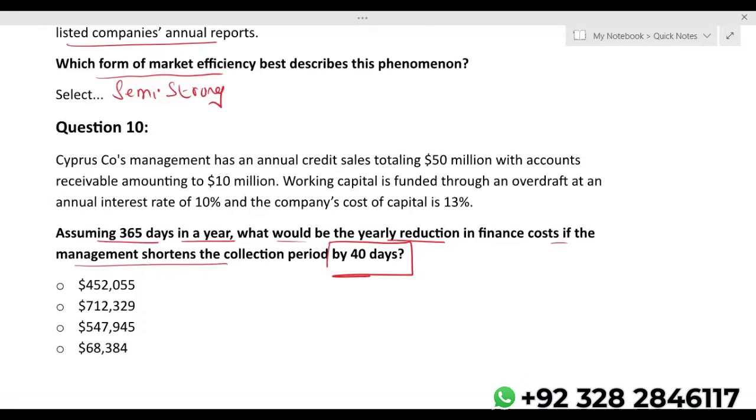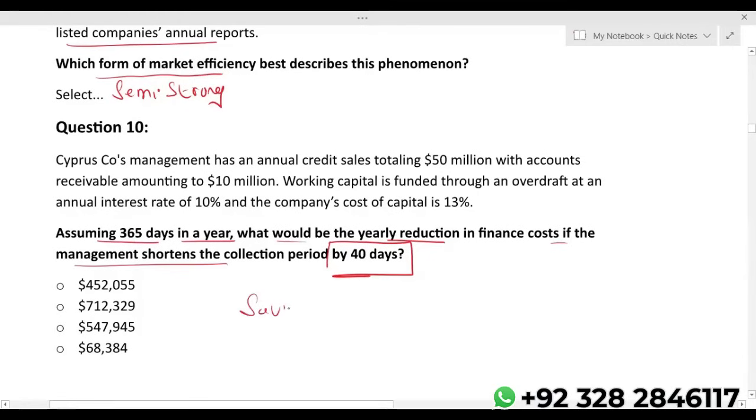So we can directly calculate reduction in debtors, and reduction in debtors multiplied by OD rate will give you saving in the finance cost.